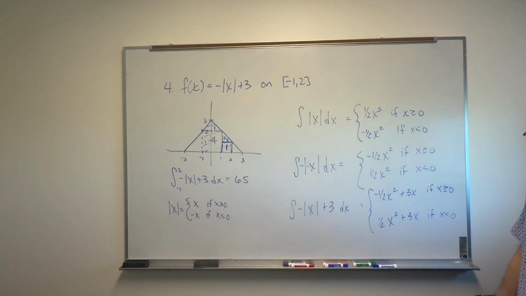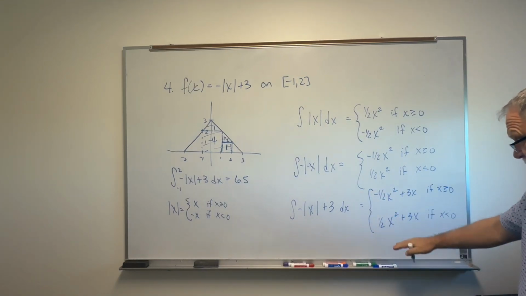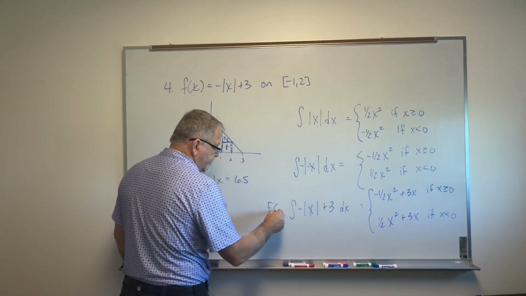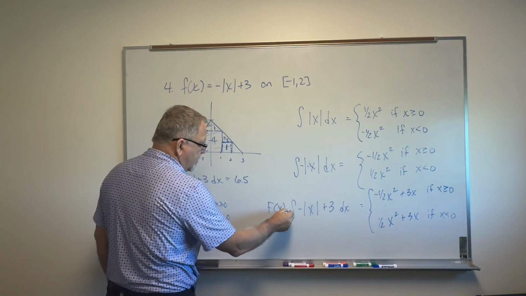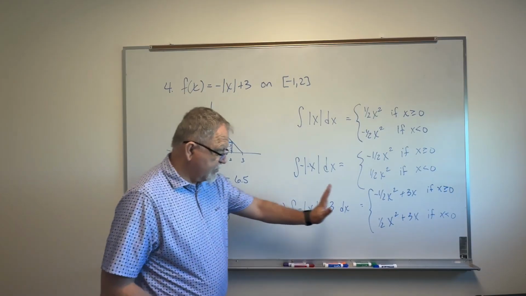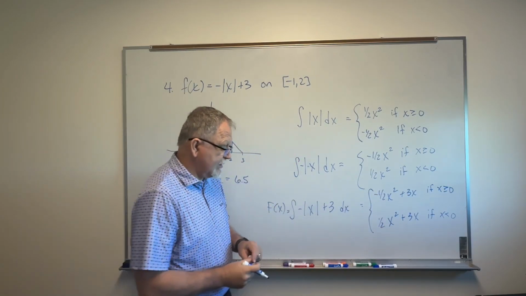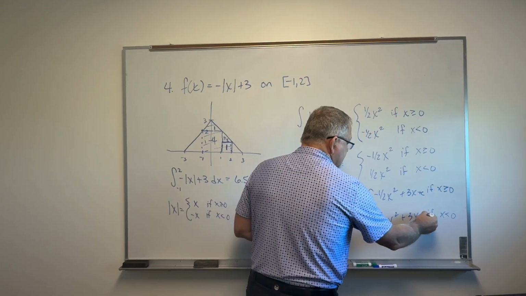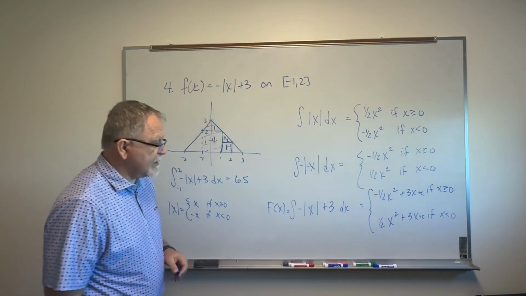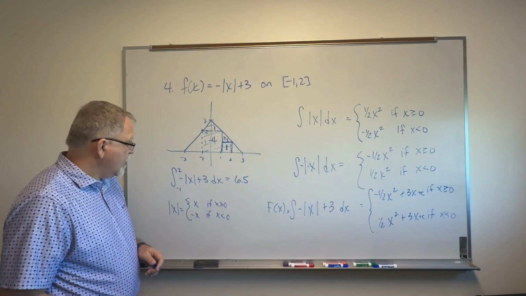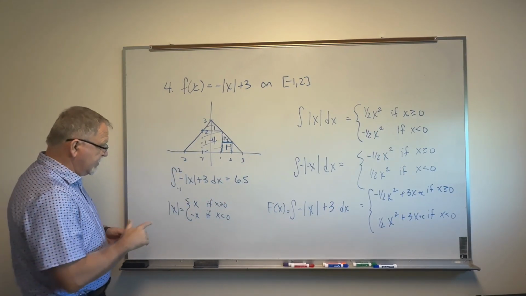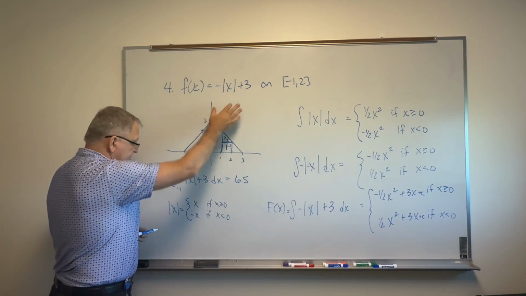Okay, a lot of work we did there. This is my big F of x. Equals that function, of course, plus that constant. I probably should have just added the constant in here for both of these just to be consistent. All right, so a lot of work we just did to find the function whose derivative is this.